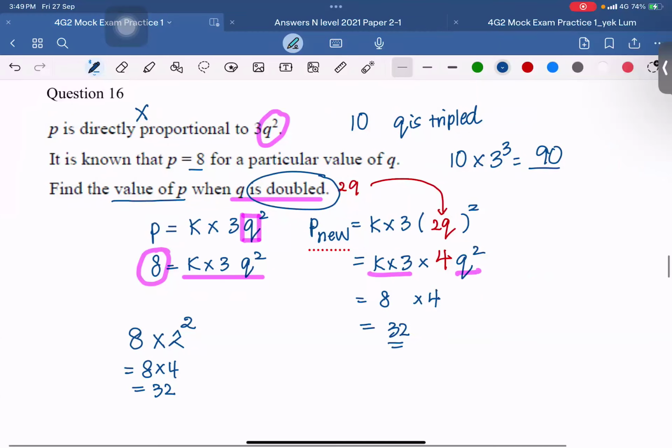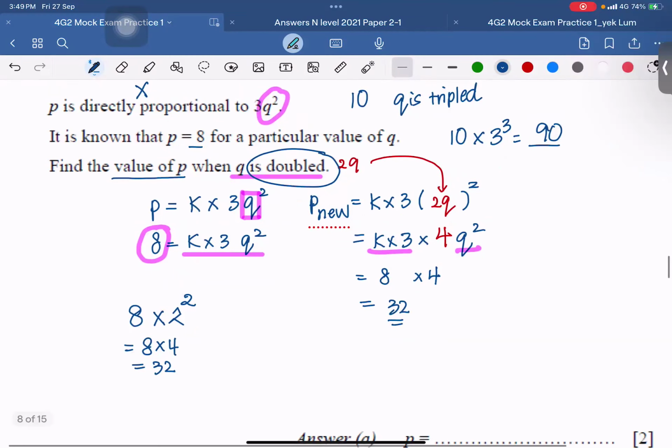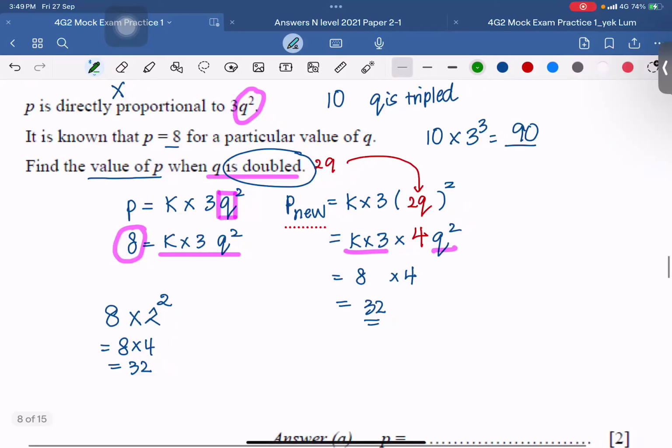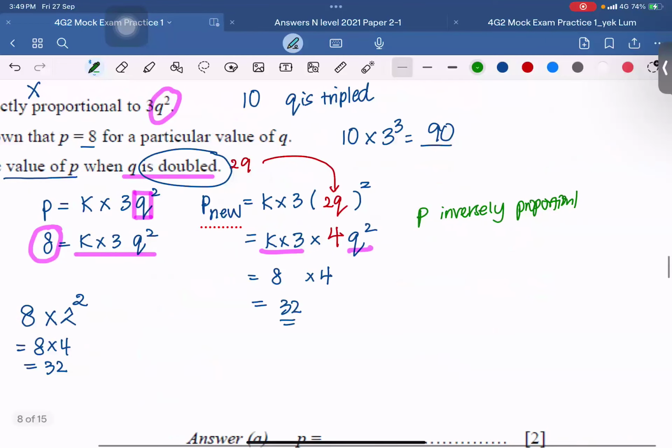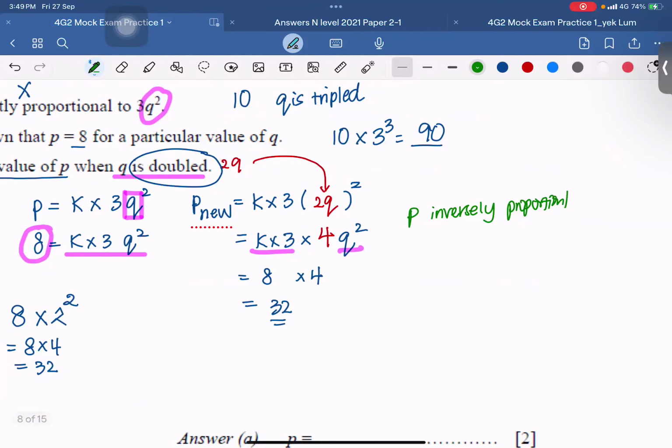No algebra involved. Then maybe you might ask, how do I find inversely proportional? So I'm going to tell you P is inversely proportional to x squared, for example. Then they tell you P equals 8 for a particular value of x. Find the value of P when this particular value of x is doubled.